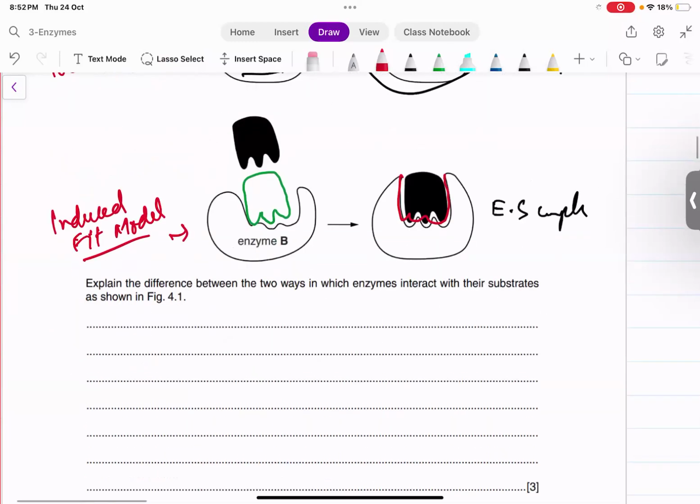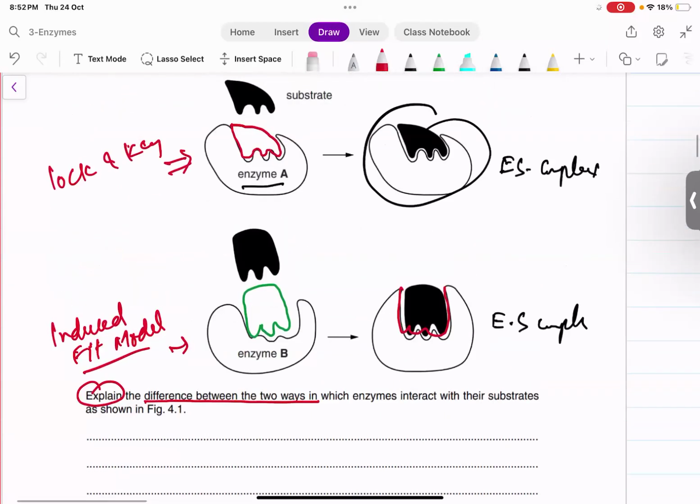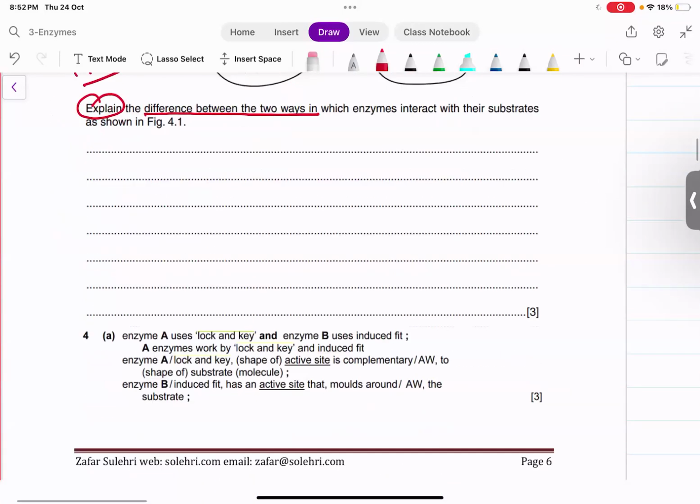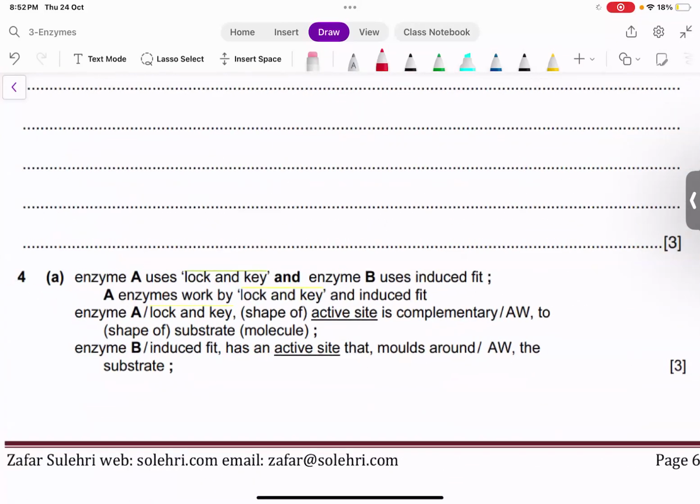So this is what you have to do in this case. The question begins with explain the difference between the two. So you have to give a reason why this is an exact fit here and this is initially not an exact fit, but then becomes an exact fit. So do you see, enzyme A uses the lock and key model, whereas enzyme B uses the induced fit model?